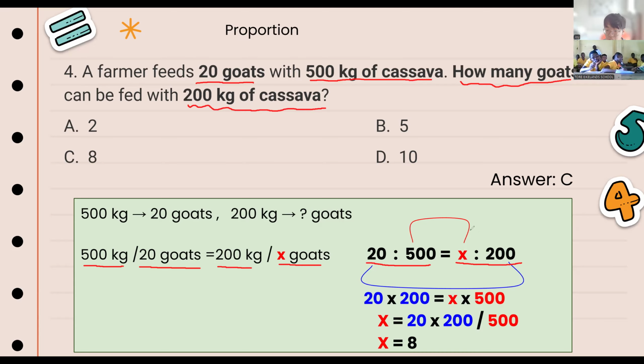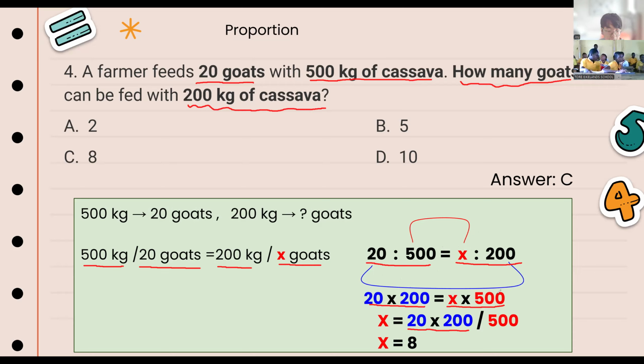And we can multiply both sides. Here you can multiply X by 500 and then 200 by 20. We get 200 times 20 equals X times 500.